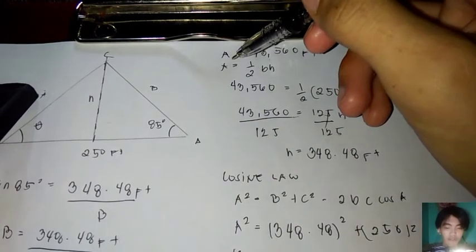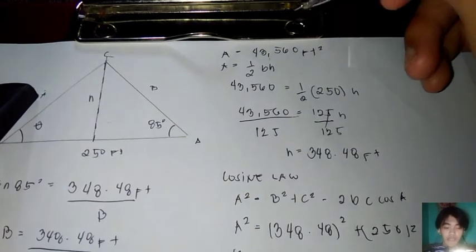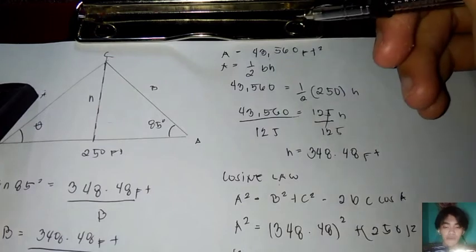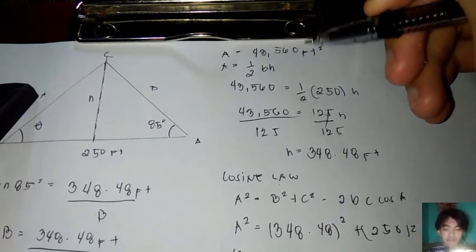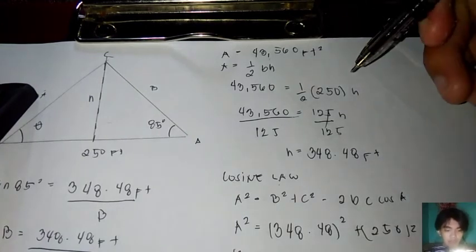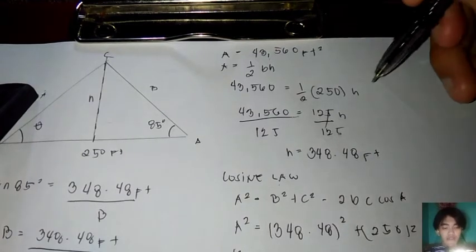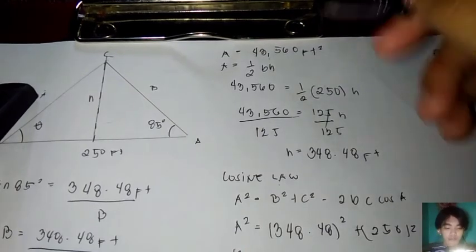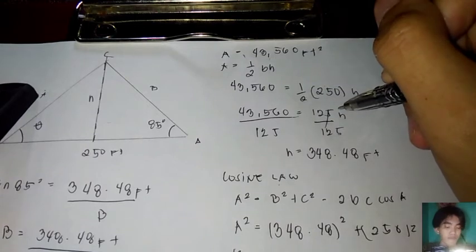Our given formula is area equals 1 half base times height. So let's substitute the 43,560 and copy the base, which is 250 feet, and the height and the 1 half. So the 1 half of the 250 is 125.